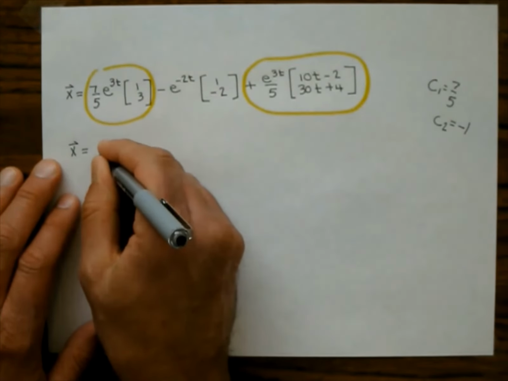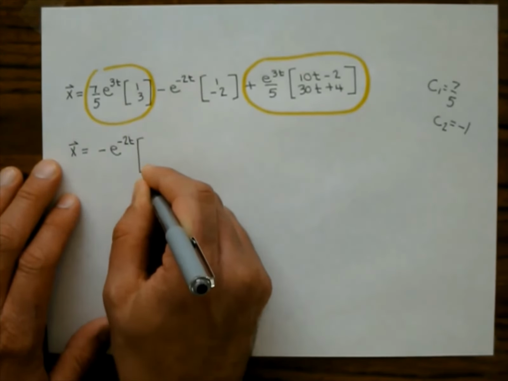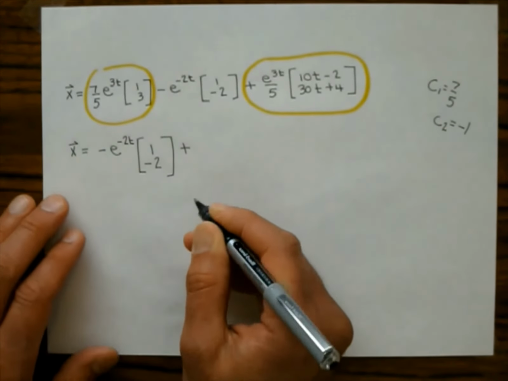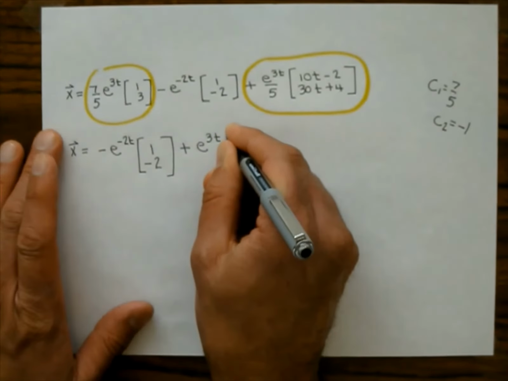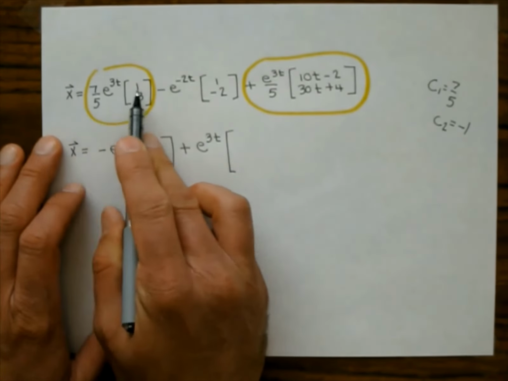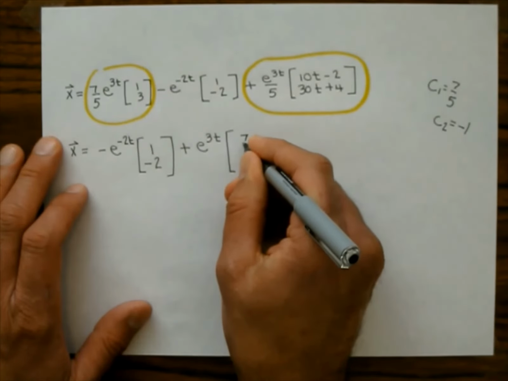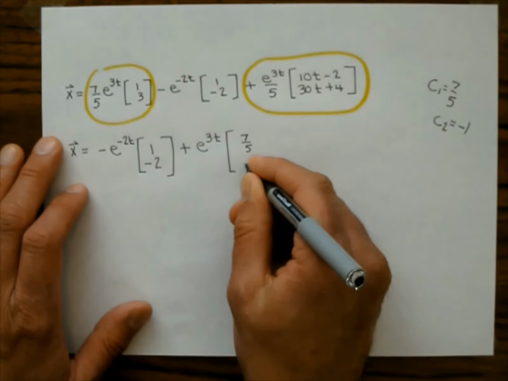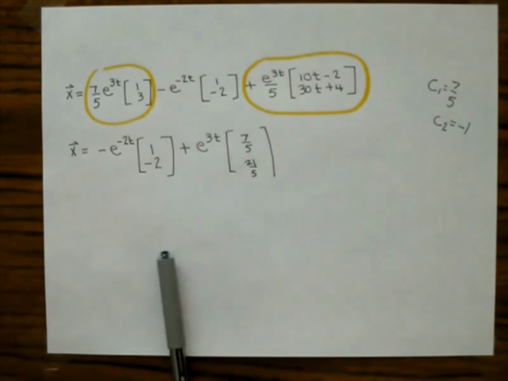So this is going to be negative e to the negative 2t times 1, negative 2. Now watch what I'm going to do here. I'm just doing some algebra. I'm going to go e to the 3t. And then what I'm going to do up here is bring that into that matrix there, into that vector. So 7/5 times 1. And on the bottom it's 7/5 times 3, so this is 21/5. What did I do that for?